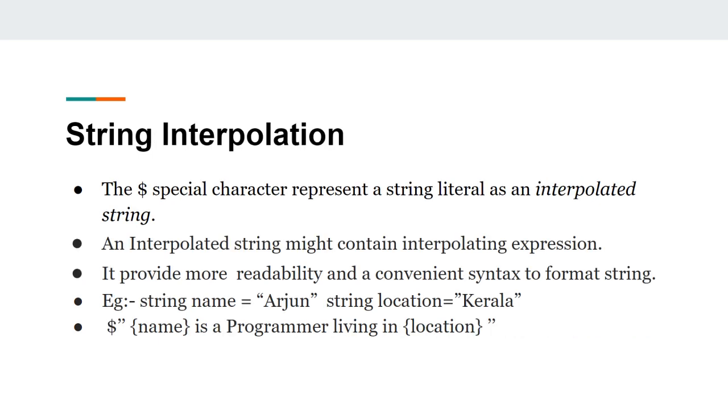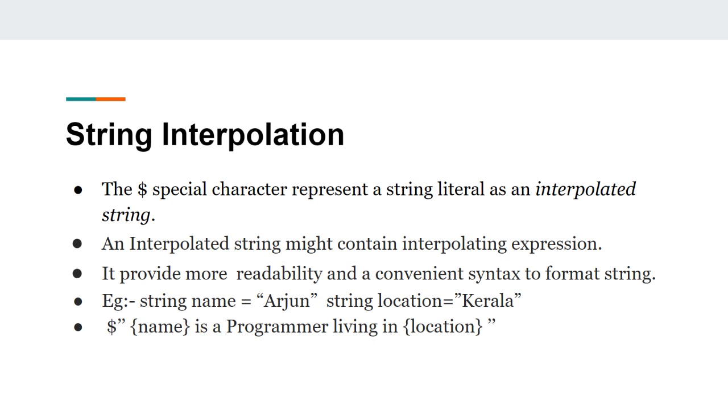String interpolation in C#. The $ special character represents a string literal as an interpolated string. An interpolated string might contain interpolating expressions. It provides more readability and a convenient syntax to format strings. For example, suppose we have two variables, string name and string location.